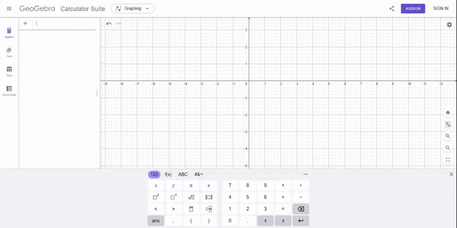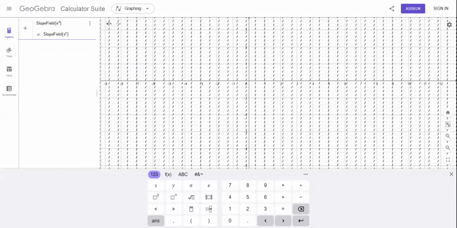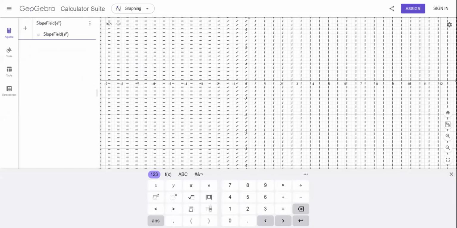So I'd say here, okay, I got a slope field. And where's my equation there? Okay, so I got everything to one side to do this. So it'd be e to the x y squared, plus, we got to do plus y.